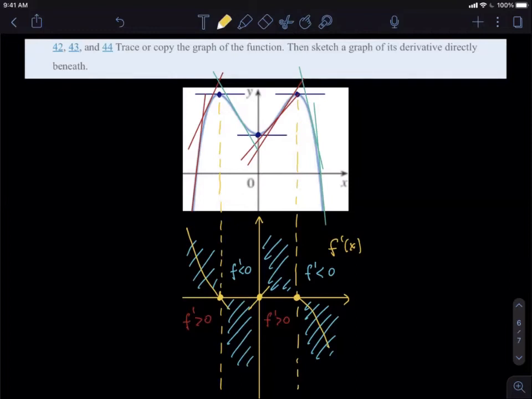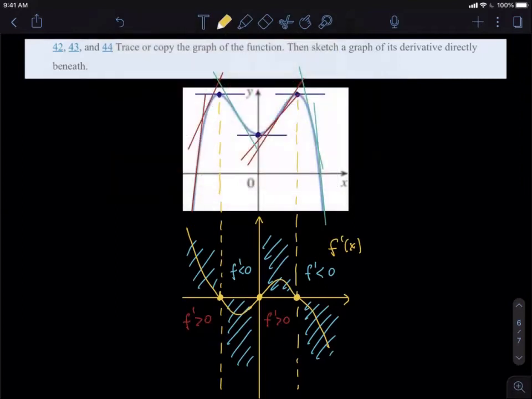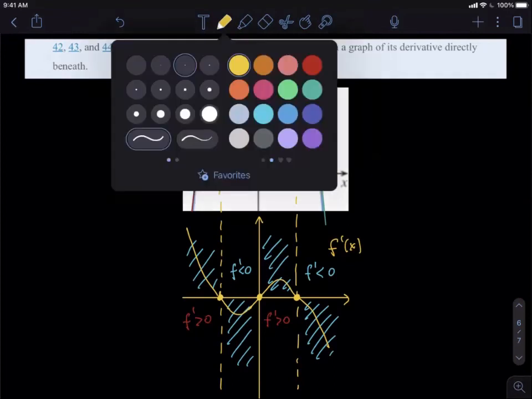So that means that at some point there has to be a turning point, and the same thing happens in the other region. There has to be a turning point. Now these turning points are very important, and we can see them in the original function. Let's use some color we can see well.